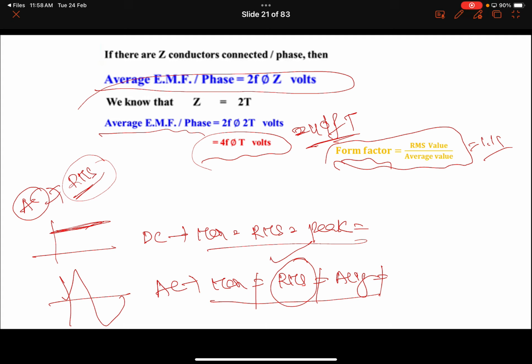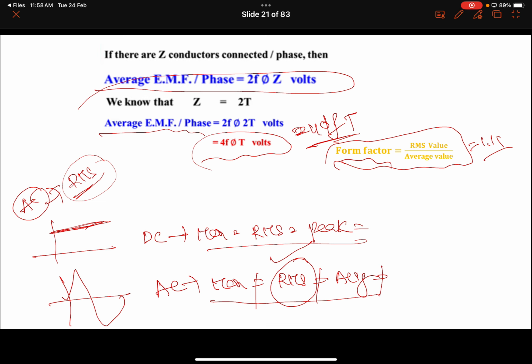Always AC supply will be in terms of RMS values. Always we'll consider AC 230 volts. What is the value here? That is the RMS value. 230 volts will always be the RMS value. They will specify that by default. If I specify 230 volts AC, that is RMS.